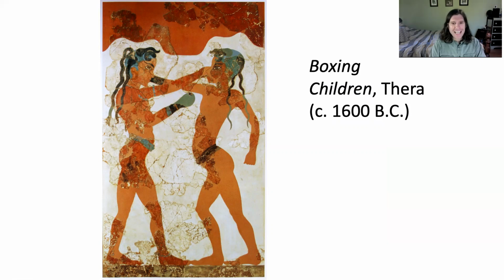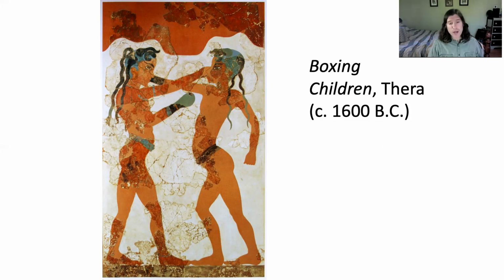A fresco is a type of painting that is created by mixing pigments with wet plaster. So paint and wet plaster. So you paint on the plaster while it's wet, and then it dries and creates a permanent work of art.